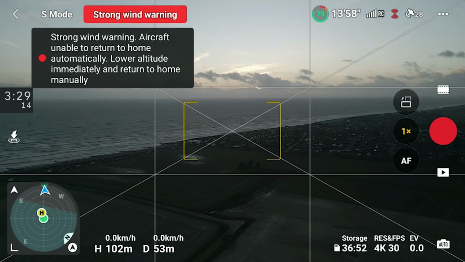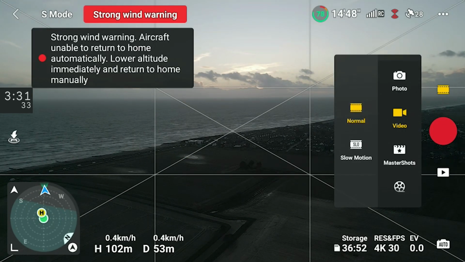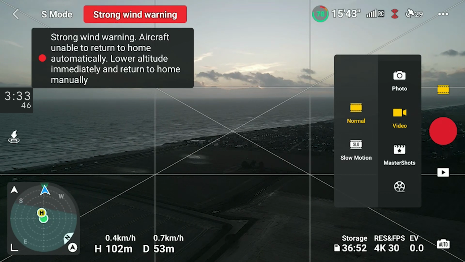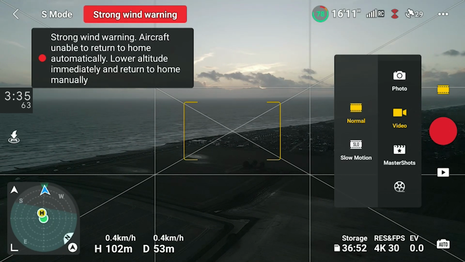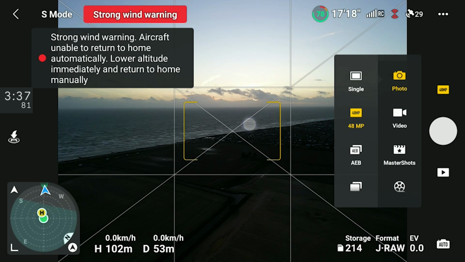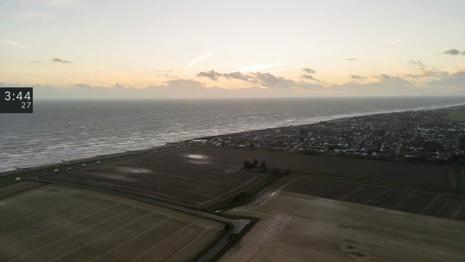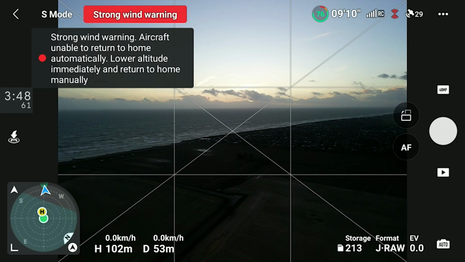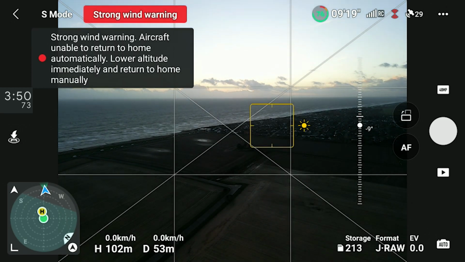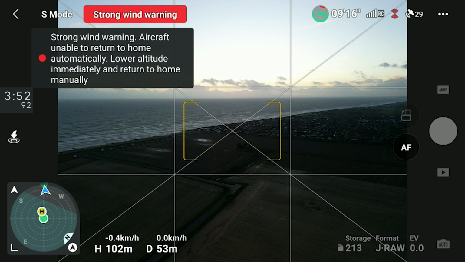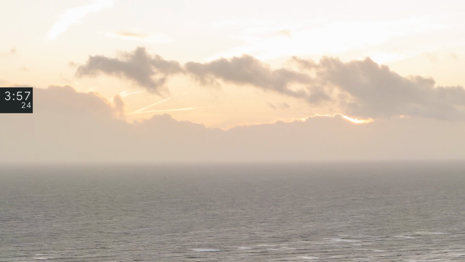So here I decide to take a picture. There we go, a nice picture. Take a close up.